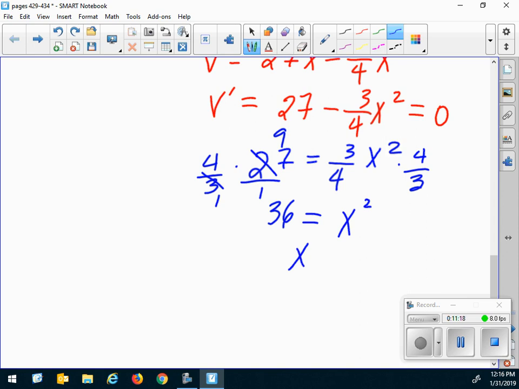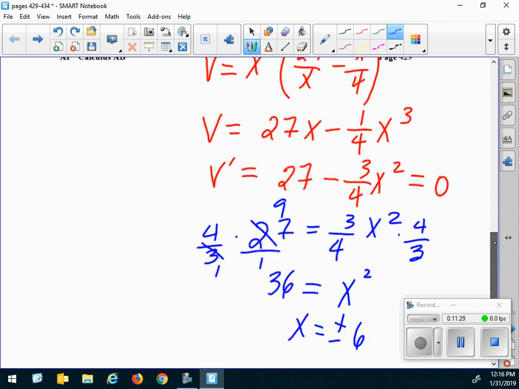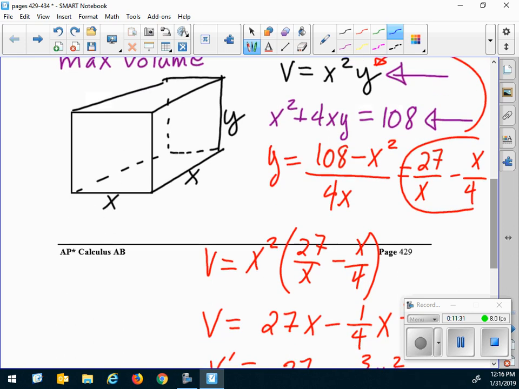X equals plus or minus 6. Now, are you okay to that point? Now, is -6 even a viable answer? No. So number 1, we have to throw that out.